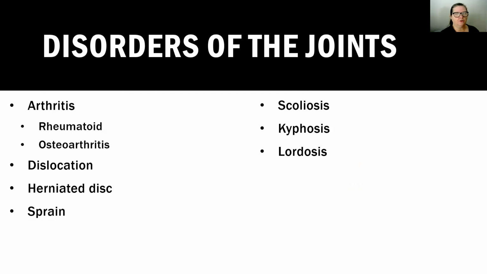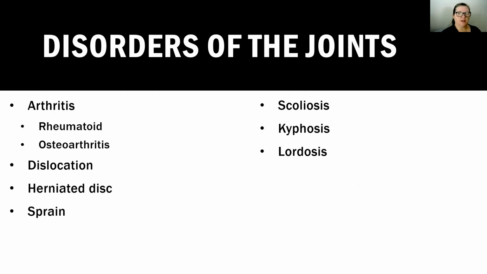So rheumatoid arthritis is actually an autoimmune disorder, meaning that the body is attacking itself and causing the joint inflammation. That can occur really at any age. We always think of arthritis being more of an older person's disorder, but in reality, rheumatoid arthritis can strike at any age.